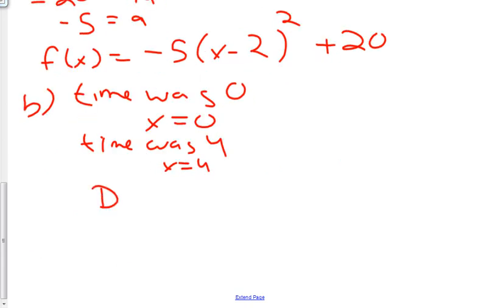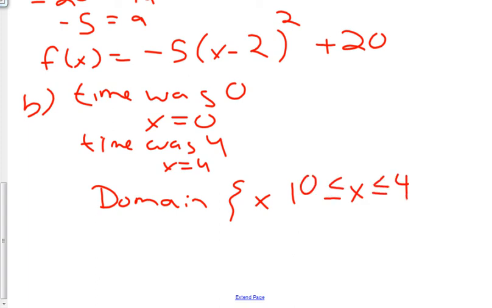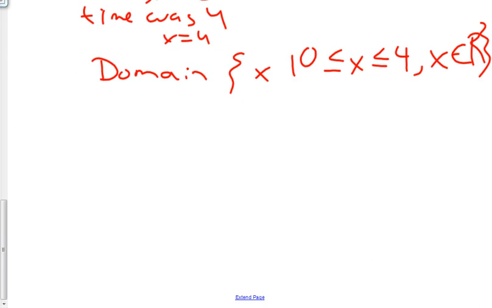So then the domain is x such that x is greater than or equal to 0 and less than or equal to 4, because our time didn't go past that, where x is a real number. Then I have my range.